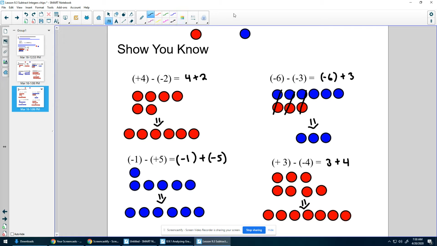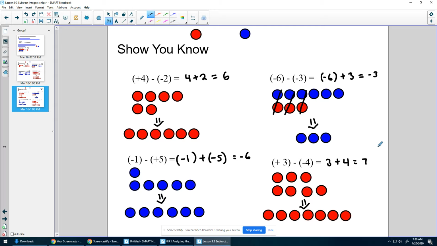And I'll just fill these in. So we are left with 6, negative 3, negative 6, and 7. All right, so that's it for our notes today.